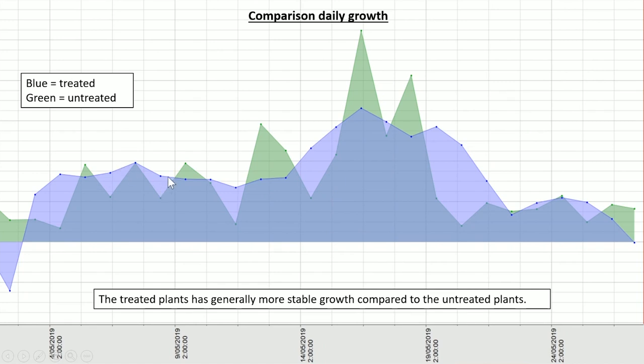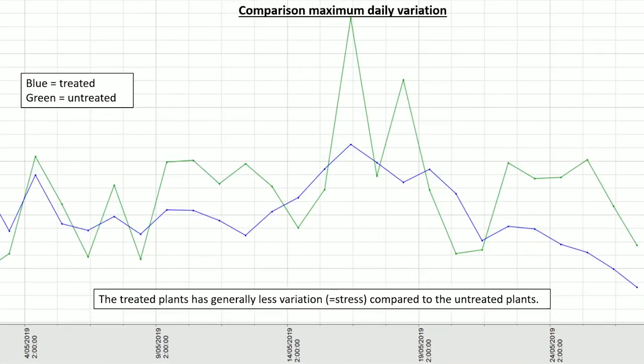If you look at both untreated and treated, you can see that sometimes the untreated has more growth, but the treated one has a very stable growth. The untreated ones have a lot more fluctuations and actually a lot more stress compared to the plants with the AQUA4D system.